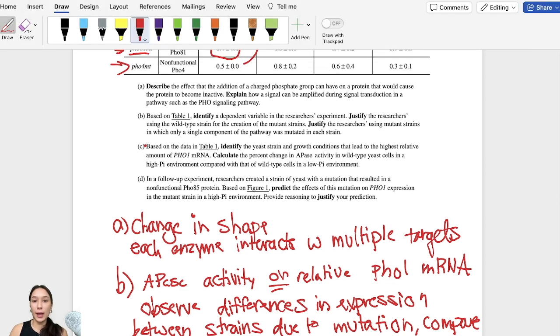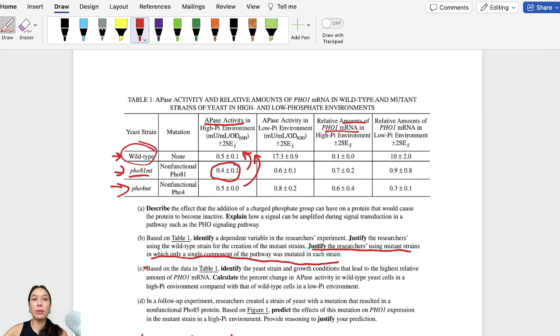Alrighty, now the last part of part B says justify the researchers using mutant strains in which only a single copy of the pathway was mutated in each strain. Okay, so again, we're still looking at experimental design for these. They're asking you why you have a FO81 mutant and a FO4 mutant. Why do you not just have one strain that's a mutant in both of them, right?